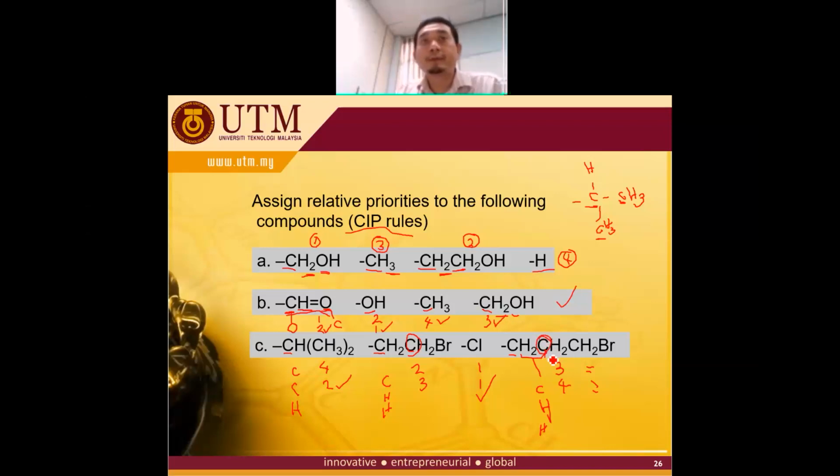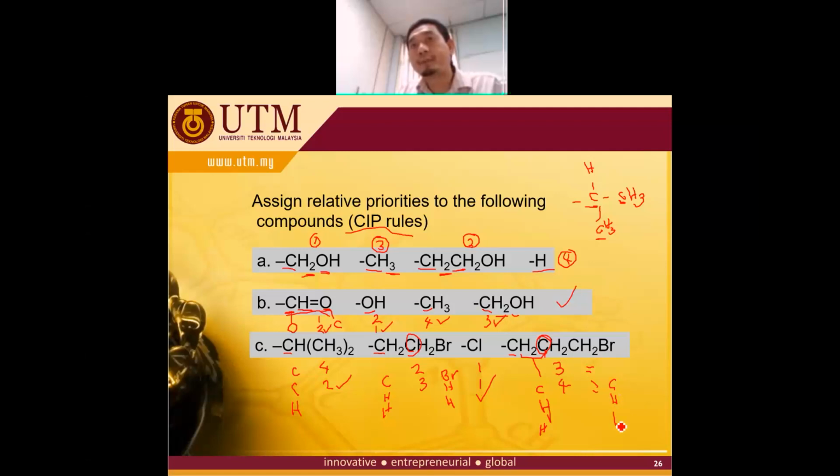These two carbons are also bonded to other atoms. This carbon is bonded to one bromine and two hydrogen. This carbon is bonded to one carbon and two hydrogen.